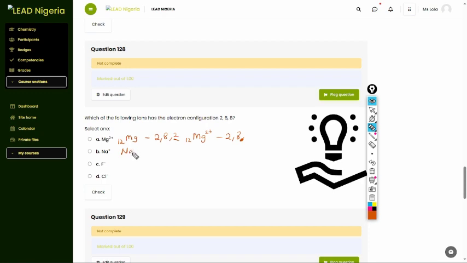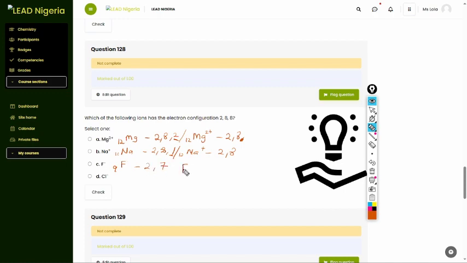Now sodium, with an atomic number of 11, forms 2,8,1. When it forms an ion, it loses 1 electron to form 2,8, because this 1 electron goes. Now fluorine is number 9, so 2,7.